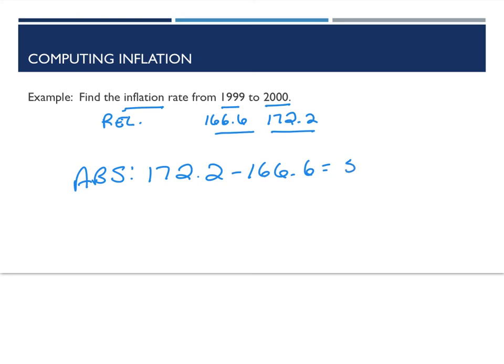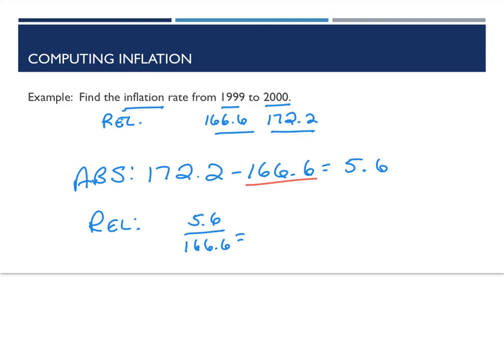And that gives me 5.6. It doesn't tell me anything because for the inflation rate, I have to do the relative change. Now my relative change is 5.6 divided by the reference value. The reference is the 166.6. I can spot it because it's the one that came second in the subtraction.